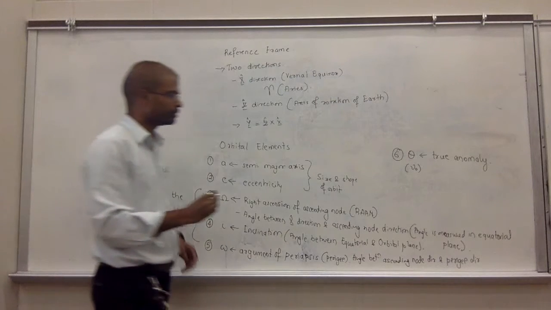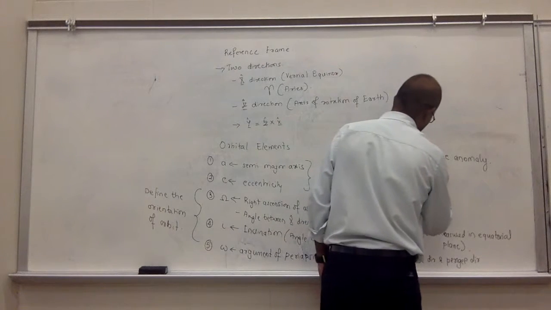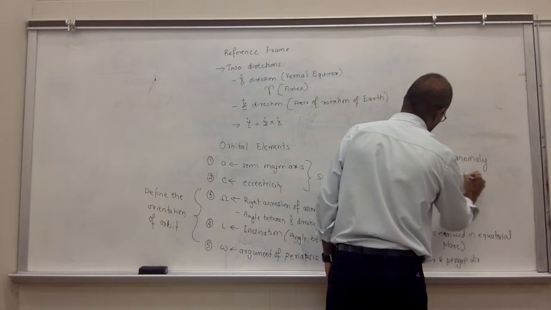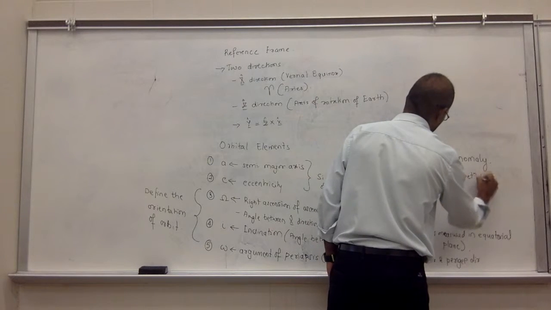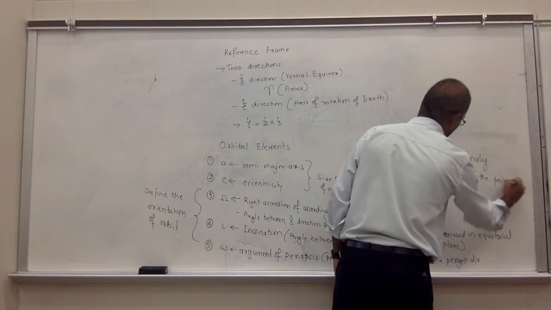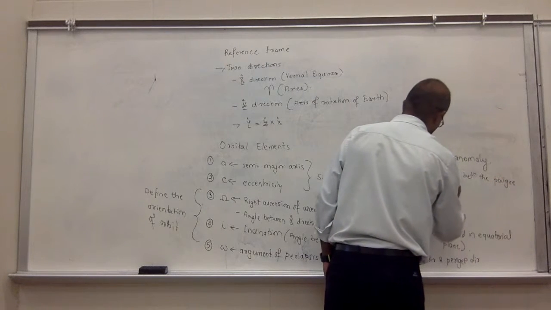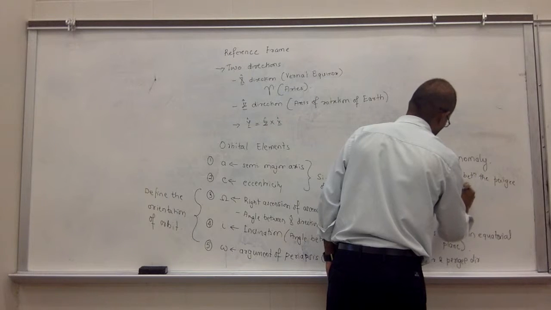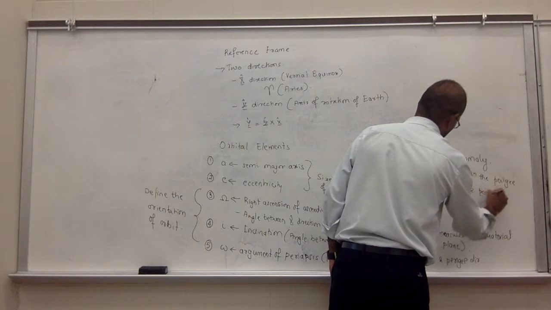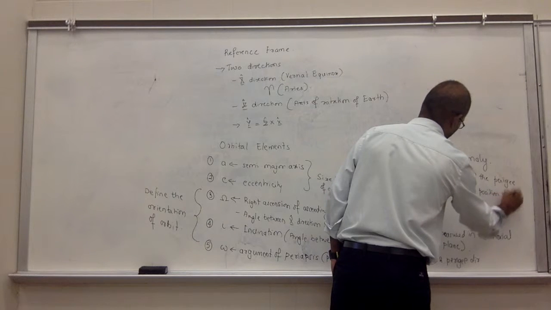It is the angle between the perigee direction and the position vector.